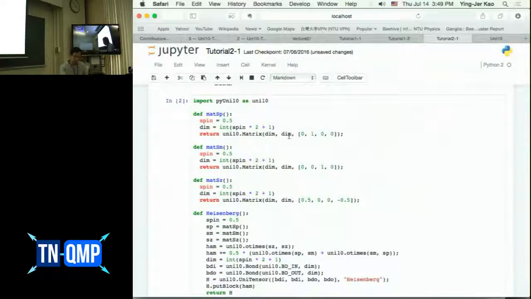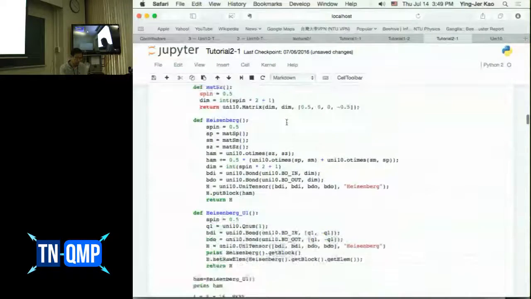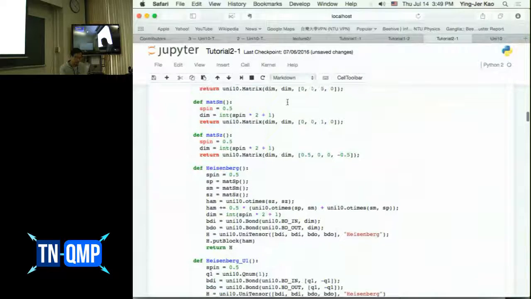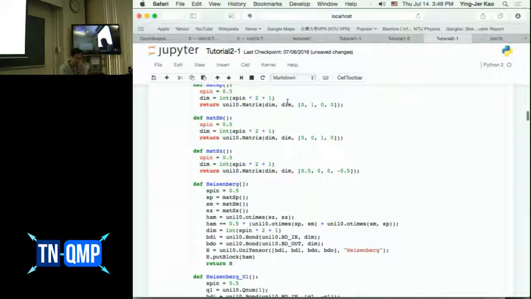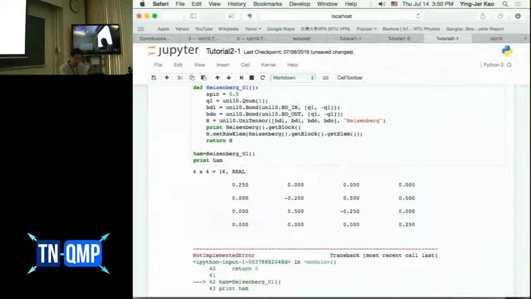So let's look at the same Hamiltonian, but the spin one half Hamiltonian in the U1 symmetric fashion.